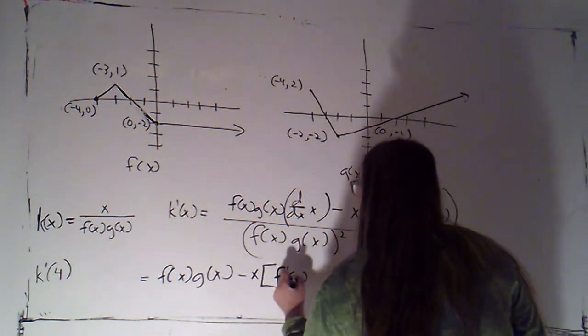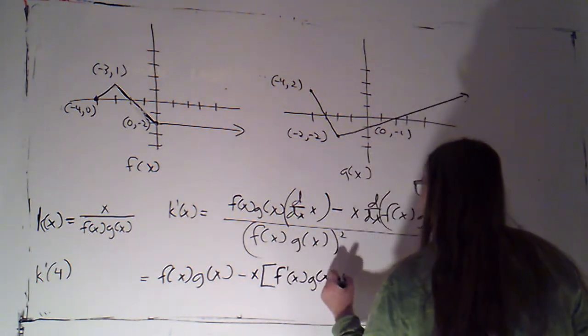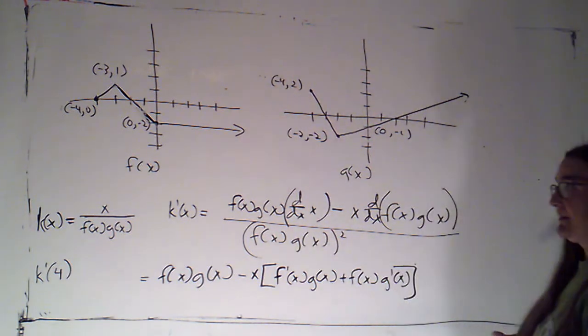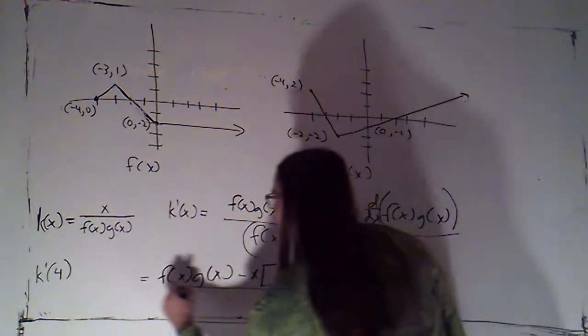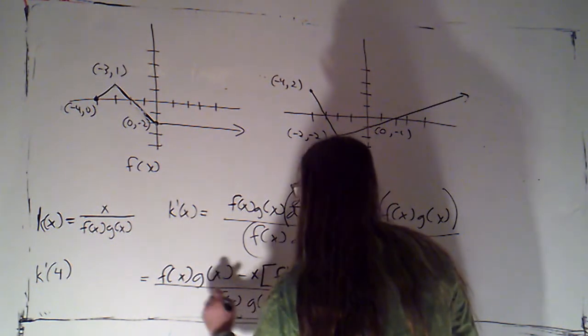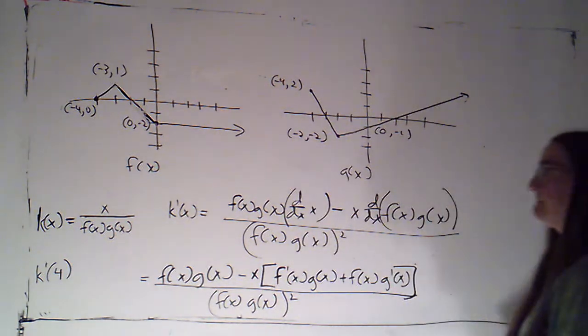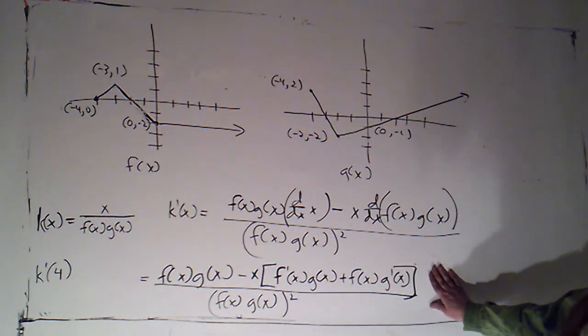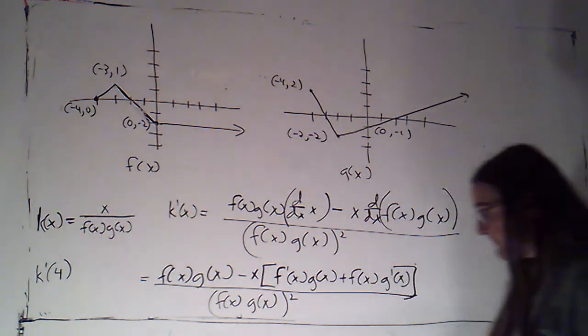F prime of x times g of x plus f of x times g prime of x, all over f of x times g of x quantity squared. Okay, so this is my formula for the derivative.